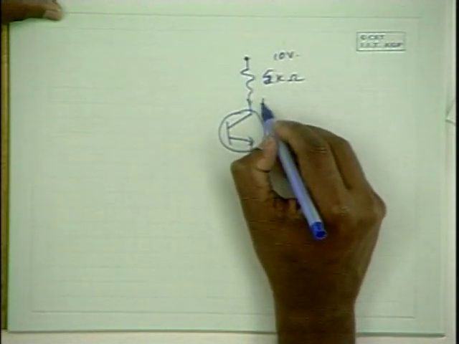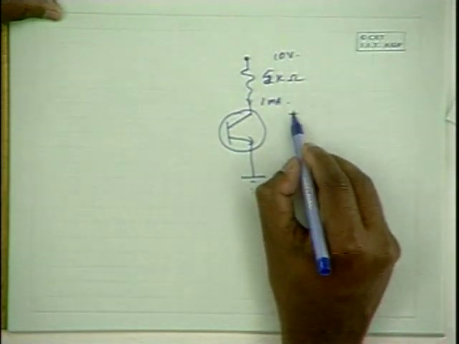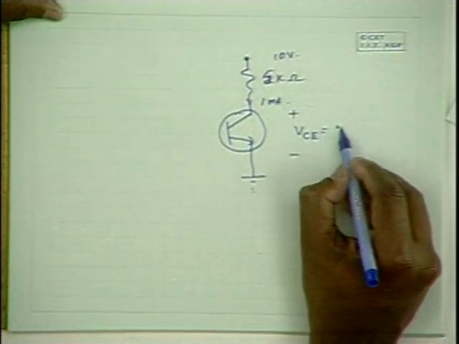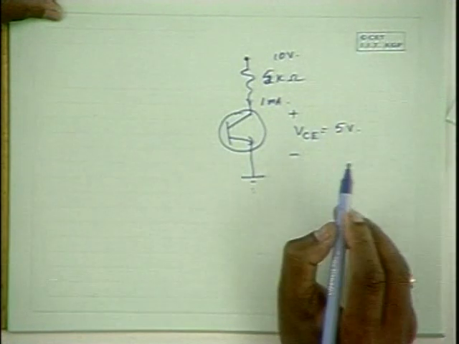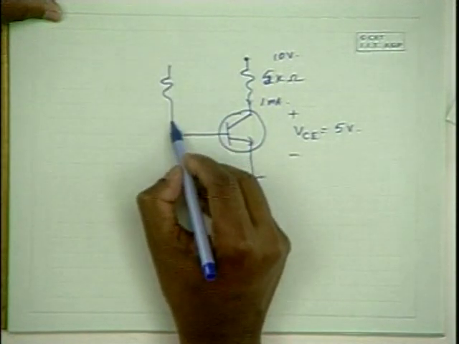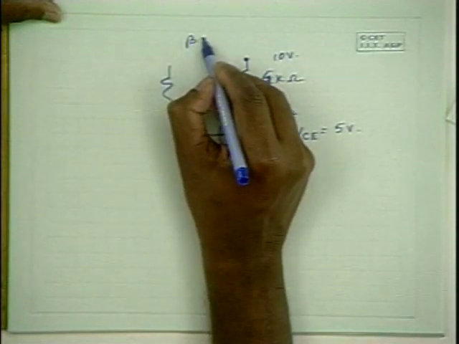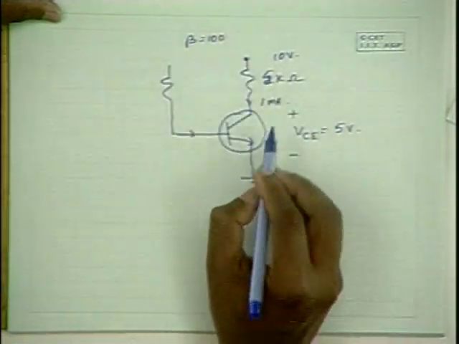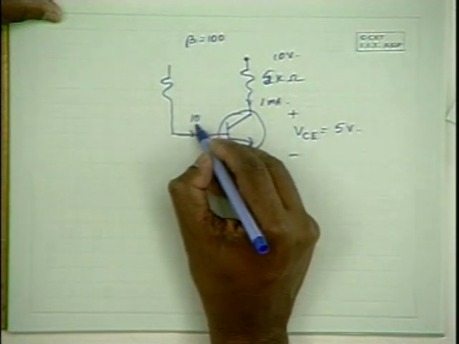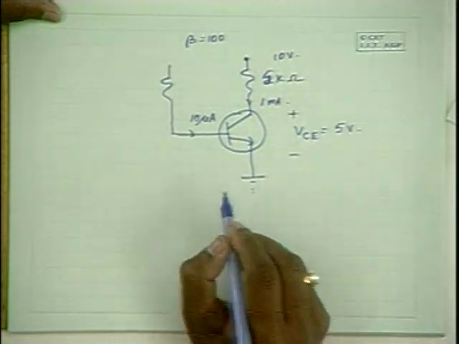The DC biasing current is, say, 1 milliampere, in which case the DC biased voltage is 5 volts. When beta is 100, if the collector current is 1 milliampere, the DC base current is 10 microamperes.